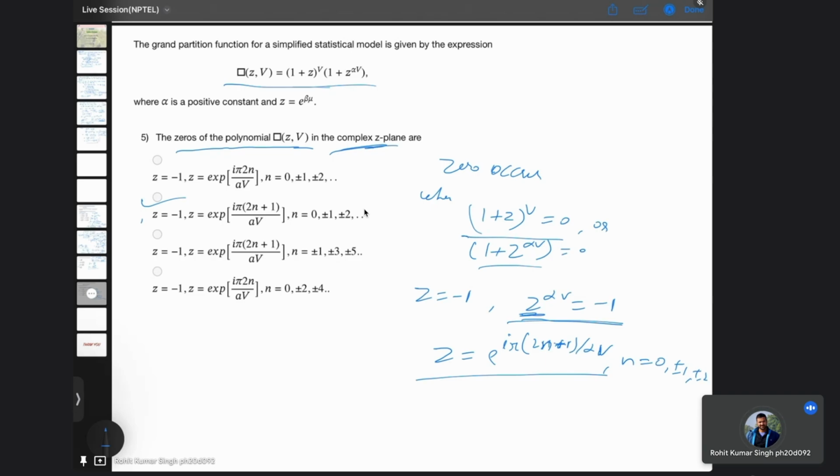So you know that in a complex plane, this is the real axis and this is the imaginary axis, and -1 can come at any complex point.